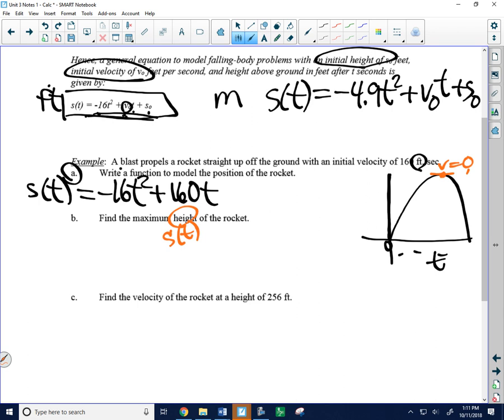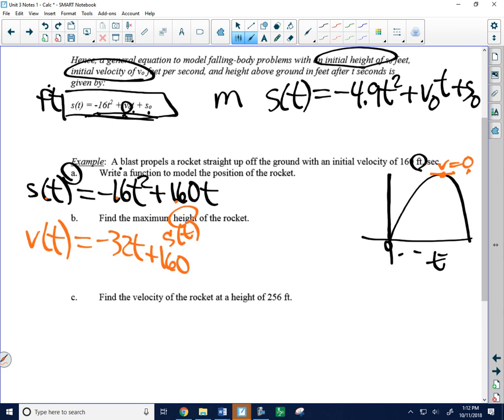So what we can do is find when the velocity is 0. I will do the velocity function by getting the derivative. So derivative here, negative 32t, and here, positive 160. Now what we know at the maximum height, the velocity is 0.